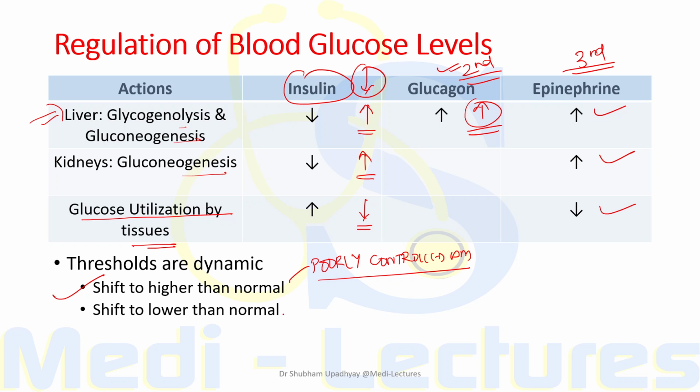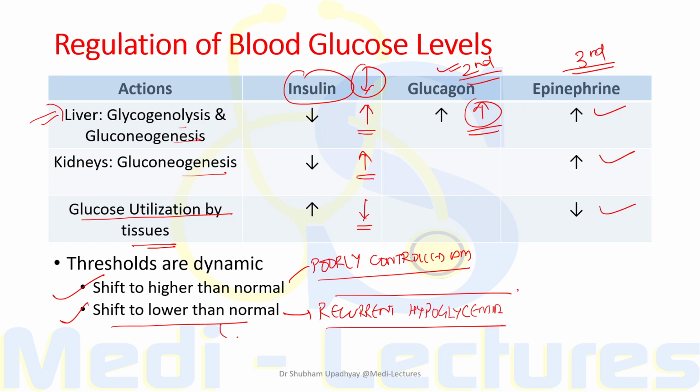On the other hand, there can be a shift to lower than normal in patients who have recurrent hypoglycemia. So typically a type 1 diabetic patient who is on exogenous insulin, who has recurrent hypoglycemia, can have a lower threshold for these physiological mechanisms.